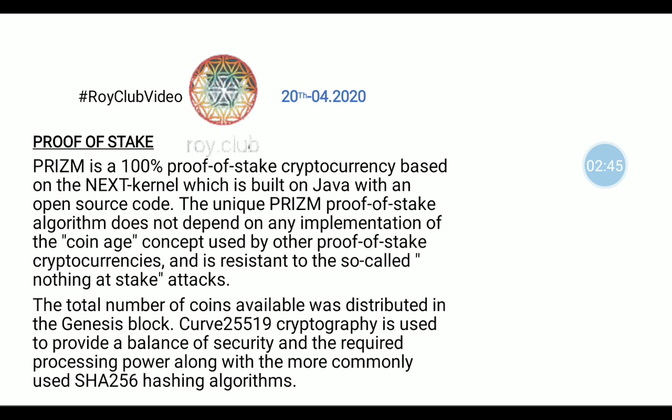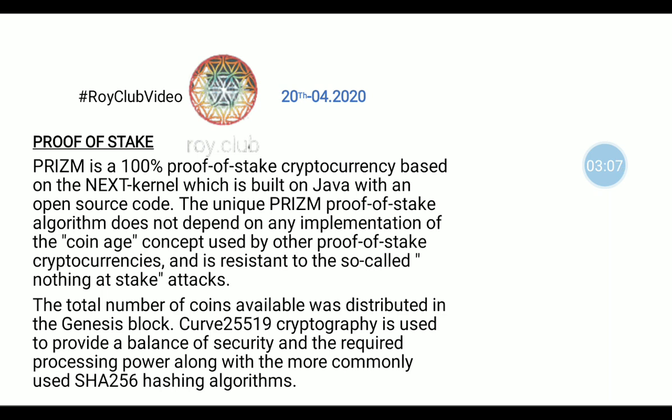The total number of coins, I want you to listen very carefully, because it's really important to note this. It's one of the determinants, in other words. Be very attentive when you listen to this. The total number of coins available was distributed in the Genesis block.